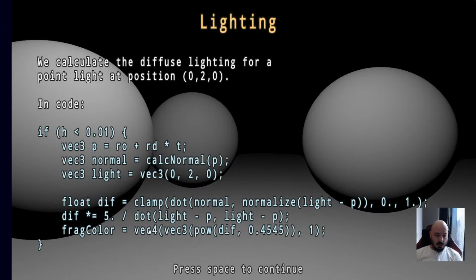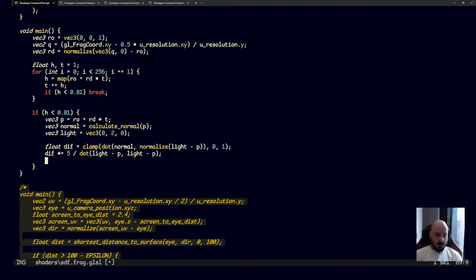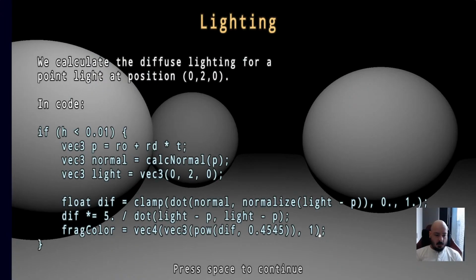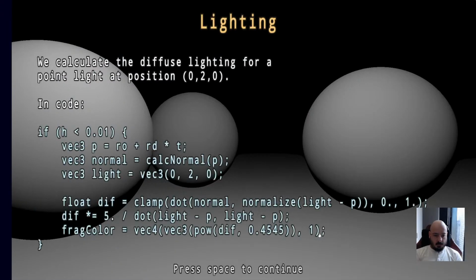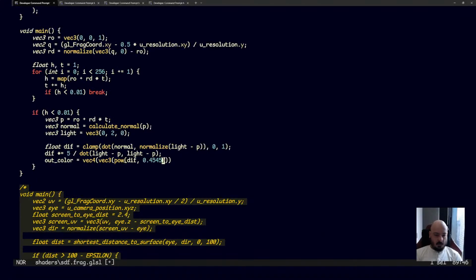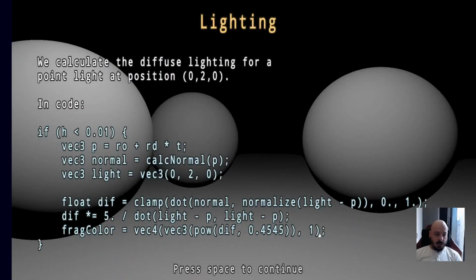Frag color is... oh, that looks like a familiar pattern. I've seen that before. So out color is going to be pow of 0.4545.